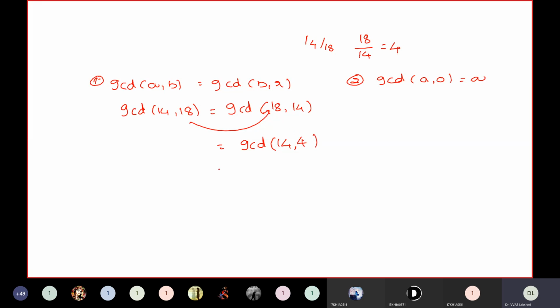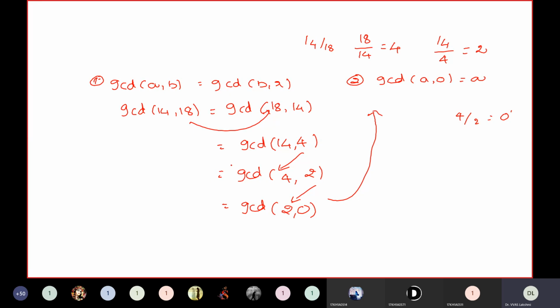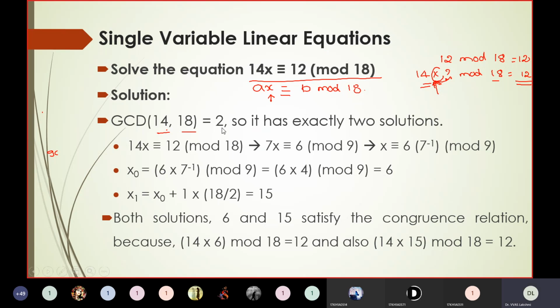Next, b is 4, and 14 by 4 has remainder 2. Then GCD of 4 comma 2, and 4 by 2 is remainder 0. Then we apply the second formula: GCD of a comma 0 becomes a. So here this is a, this is 0. That's why the answer is 2.